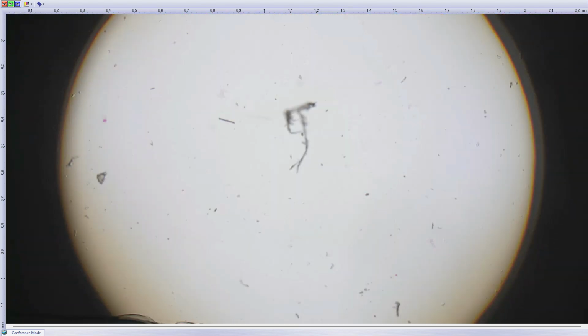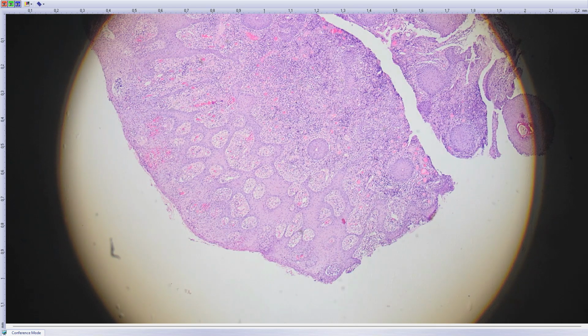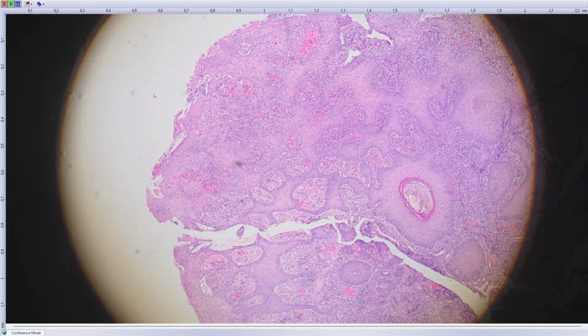Okay, and my next case is a very nice biopsy. It's a young male patient, and he's got a lesion around his anus, and clinically it was suspicious for something wrong.